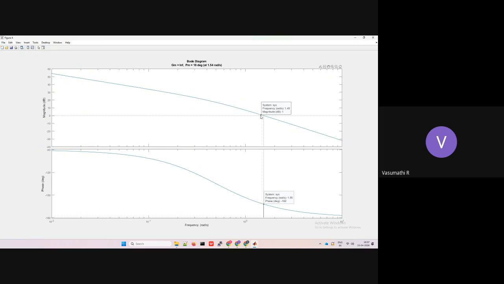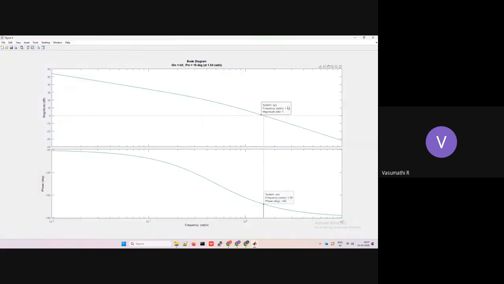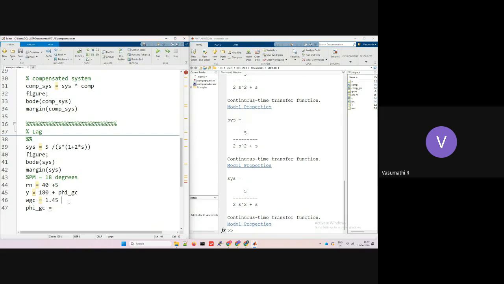When your magnitude equals 1, your frequency is 1.45. So omega GC is equal to 1.45. That's clear, right? How we found it? Gain crossover frequency occurs when magnitude equals 1. When I kept the cursor at 1, the frequency corresponding to that is 1.45. That is in radians per second. Remember that, not in degrees, this is frequency.